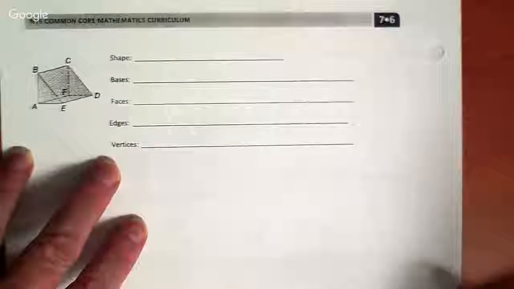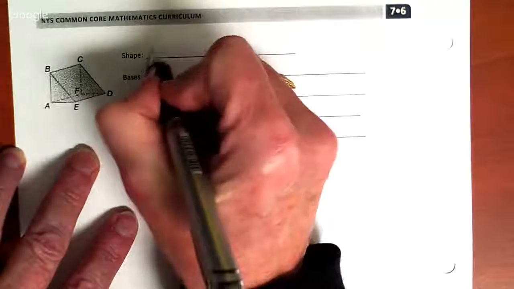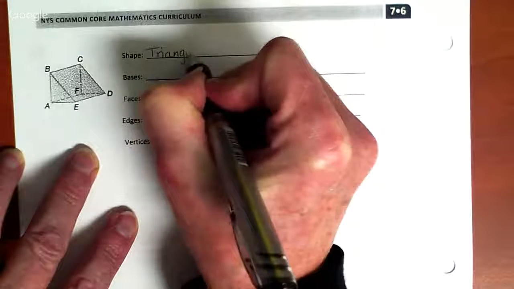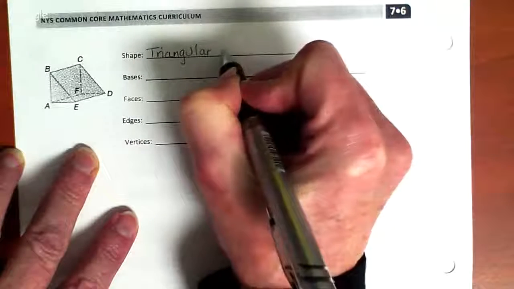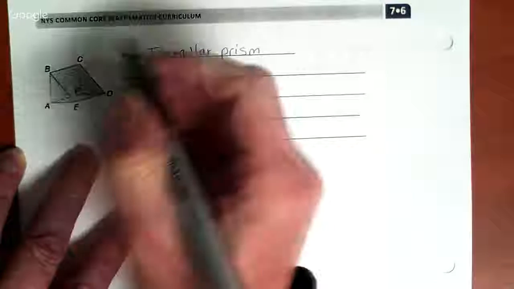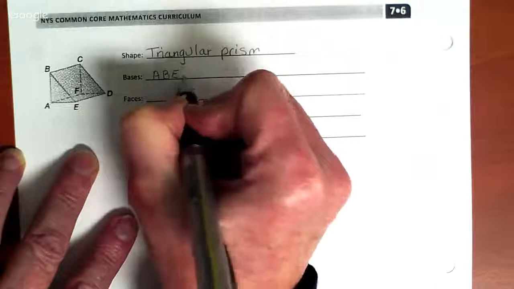Last, we have a triangular prism because our bases are triangles. Our bases are ABE and CFD.